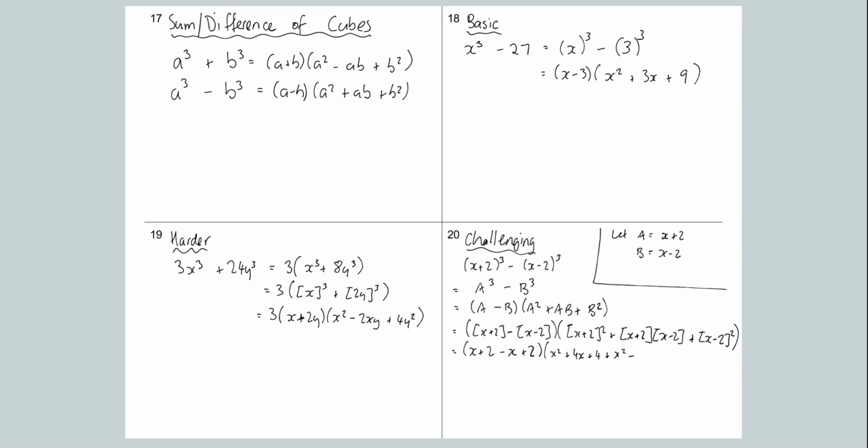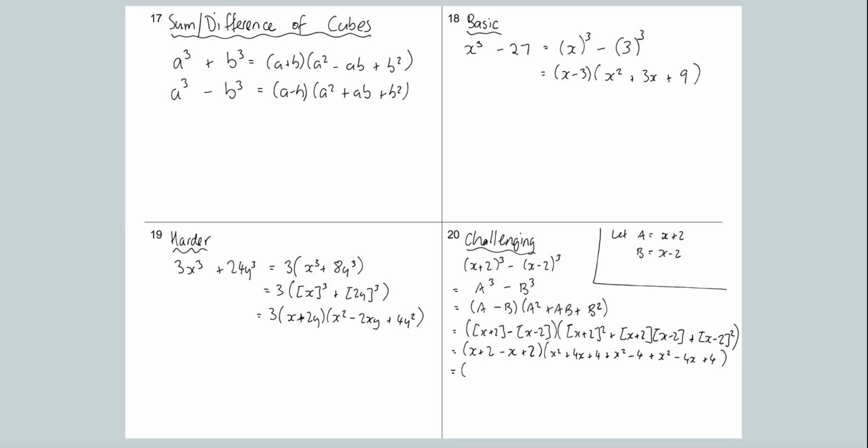So that's x squared minus 2 squared, which is 4. The last bit is equal to a perfect square, but with a minus for the middle. So it's x squared minus 2 times x is 4x, and then plus 2 squared, which is 4. Now we're just going to simplify it.